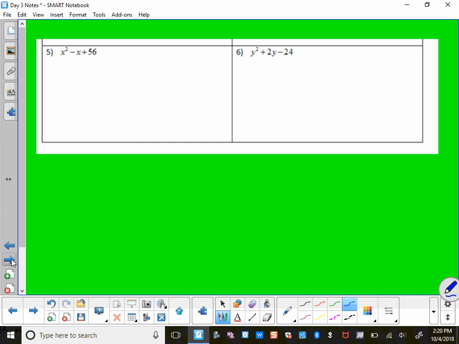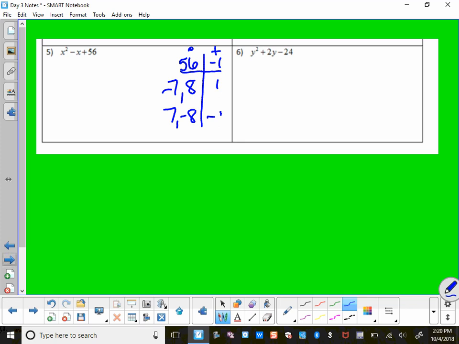Okay. Number 5. 2 numbers that multiply to give me 56 and add to give me negative 1. What gets my negative? So if the 7 gets a negative, that gives me a positive 1 if I add it, but that gives me a negative 56.